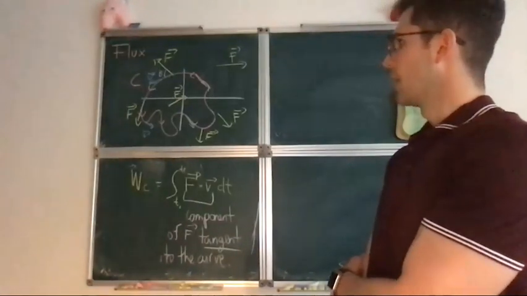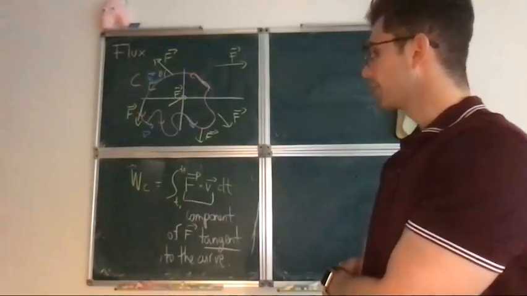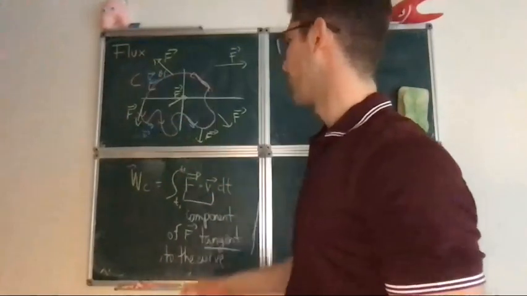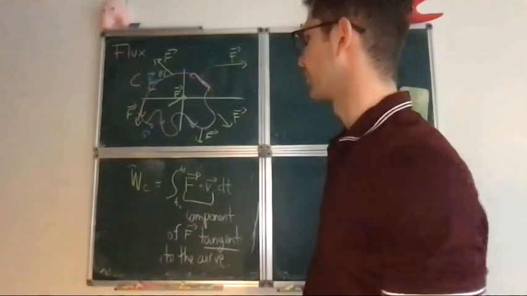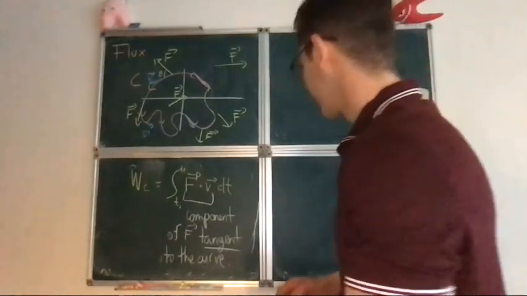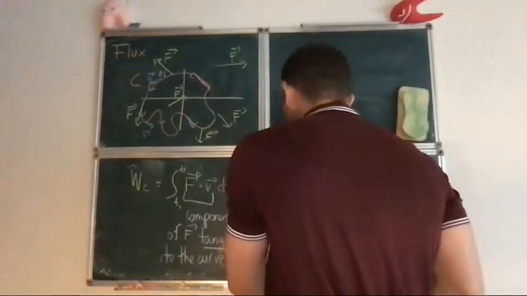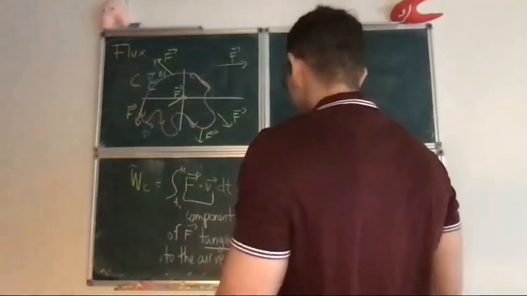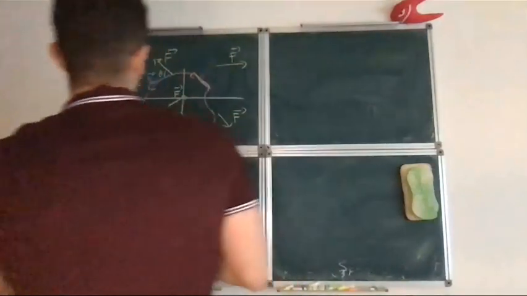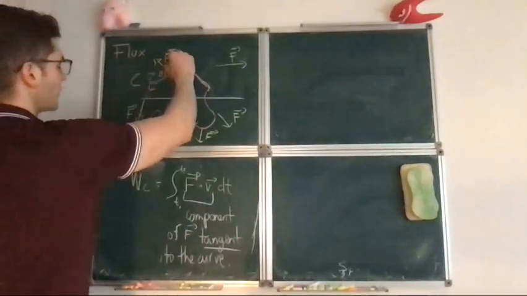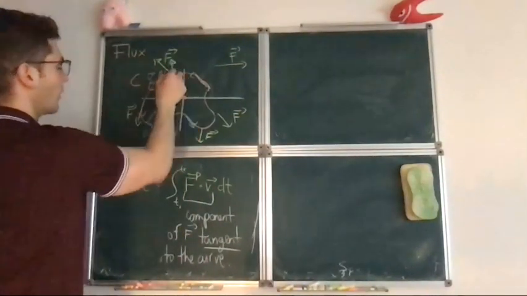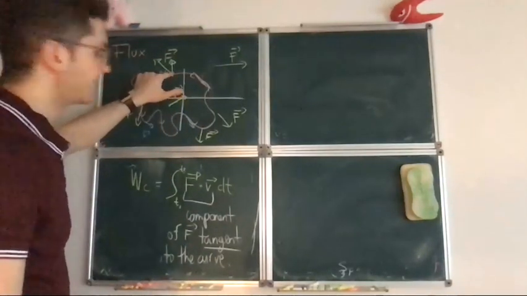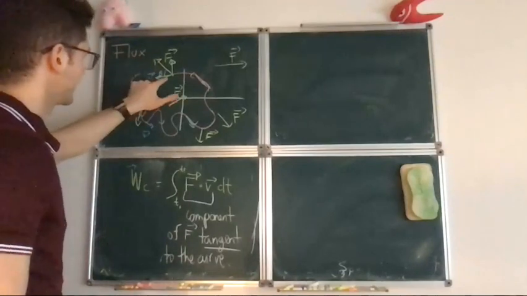Okay. And so when we compute work, we actually only care about this tangent component, because this is the thing that you're integrating. So what I'm trying to say is that the force decomposes into two pieces, one which is perpendicular to the velocity vector, one which is parallel to the velocity vector.